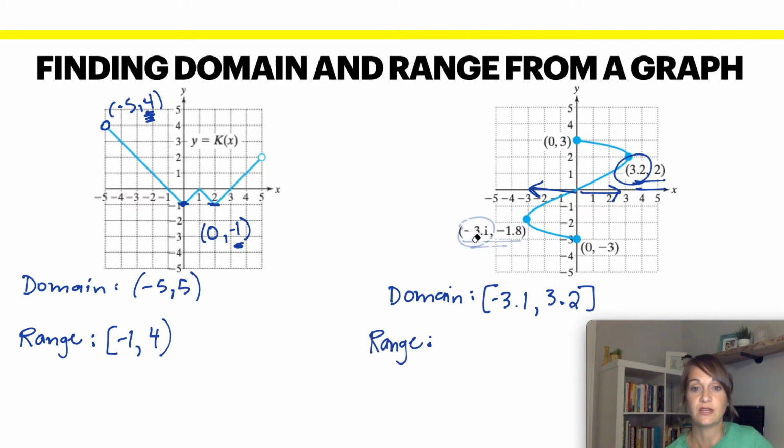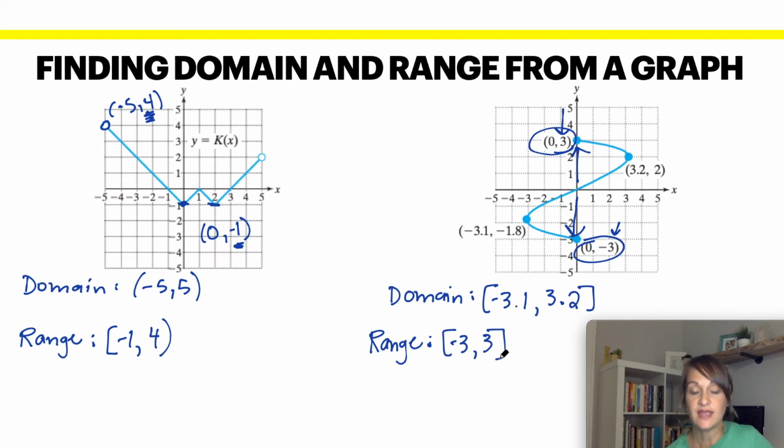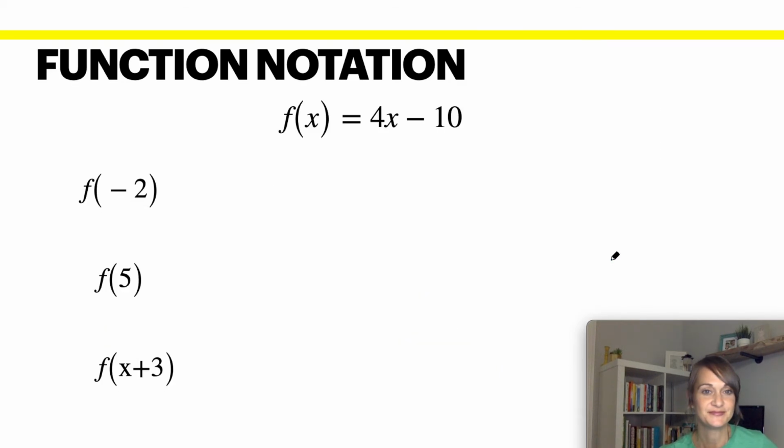So you're looking for how far low and how far high the graph goes. This is your lowest point, and this is your highest point. So it's everything from -3 up to 3, and they are brackets because these are filled in, so it does include those numbers.